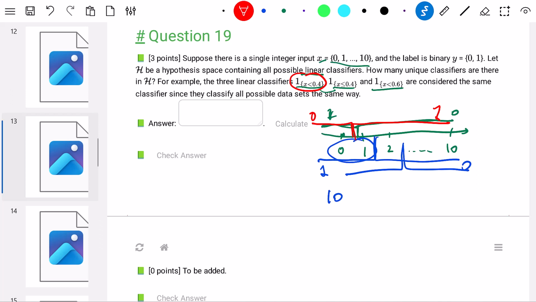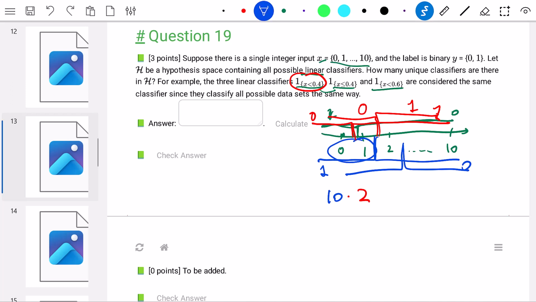So this one is also unique, and it's also a linear classifier. So we have another set of 10. We can classify 0 and 1 as class 0 and everything else as class 1. So similarly, there is another set, so we have 10 times 2. So these are 20 classifiers that are different, and there are 2 that are still missing here.